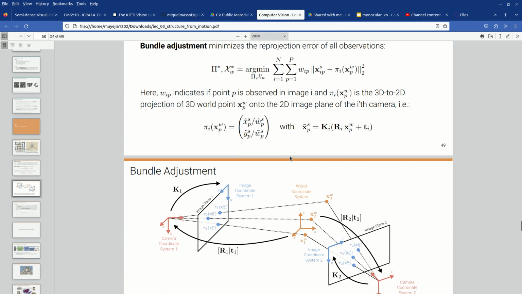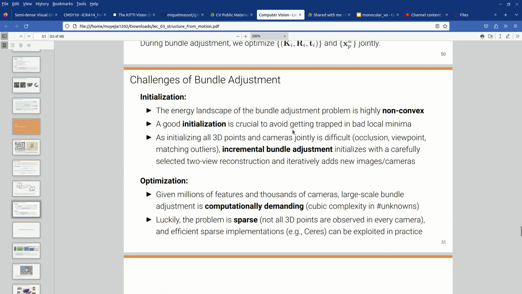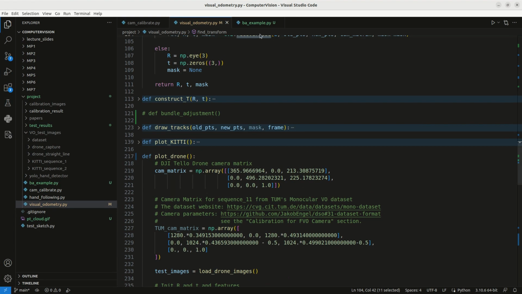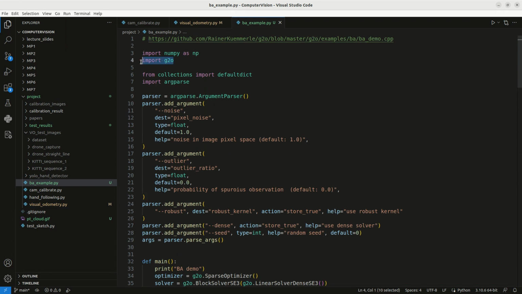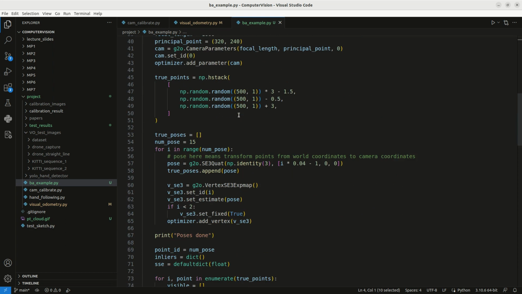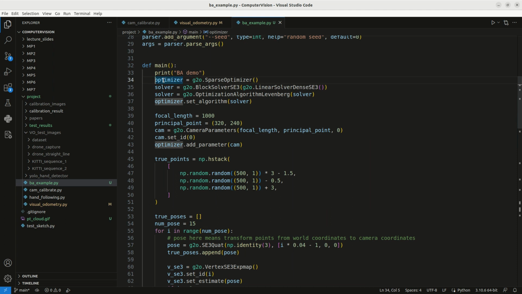Let me see what other concepts I need to introduce. Right. So I found this really helpful library that has some previously implemented solvers dedicated to solving the bundle adjustment problem, because there are some interesting matrix properties involved in the bundle adjustment process.